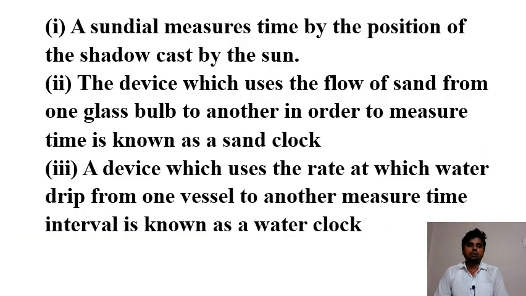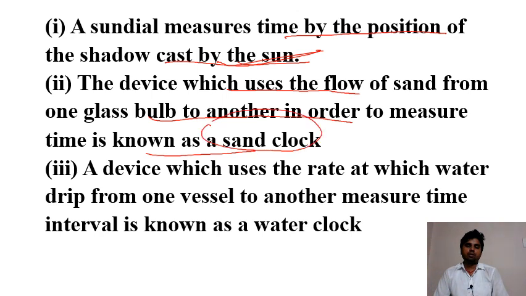Now see, the sundial measures the time by the position of the shadow cast by the sun. So a sundial can measure the time by the shadow formed. The device which uses the flow of sand from one glass tube to another in order to measure time is called a sand clock.